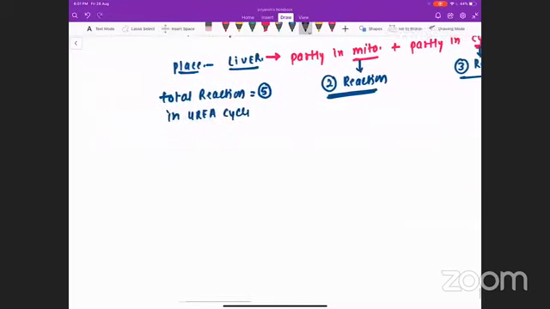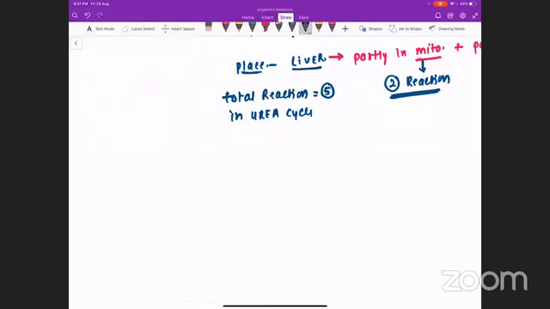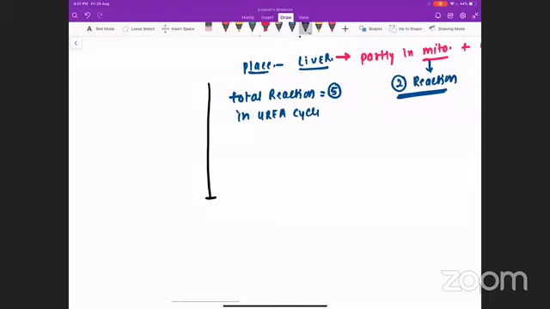Before starting the urea cycle, I want to add one more thumb rule. We discussed one thumb rule previously: whenever there is NAD, NADH or FAD, FADH, the name of the enzyme is dehydrogenase.